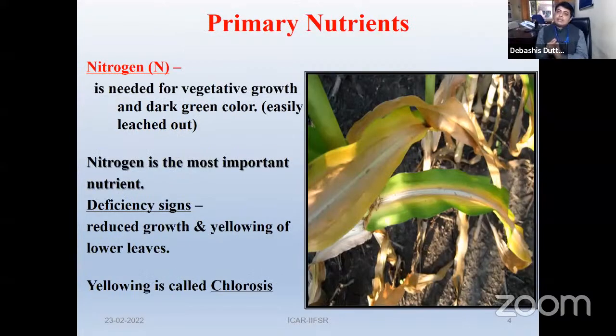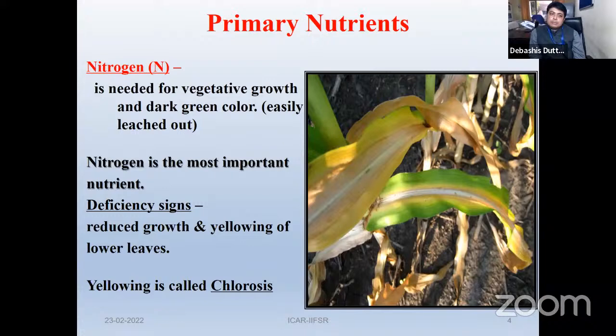And this is the primary nutrient, that is nitrogen. We know nitrogen is a primary nutrient. But in the field, how can we diagnose the deficiency symptoms due to nitrogen? This is a maize plant, which is very sensitive to nitrogen applications, and nitrogen is the most important nutrient.